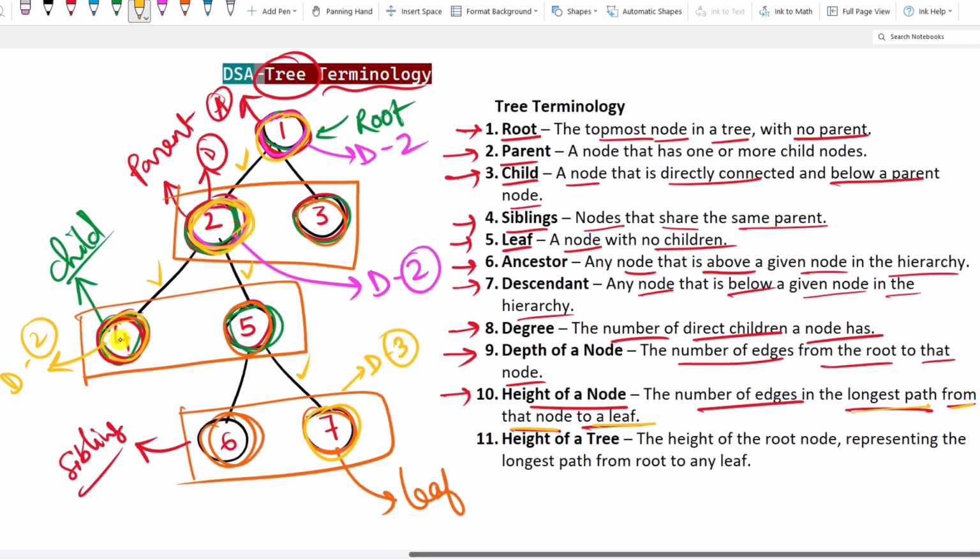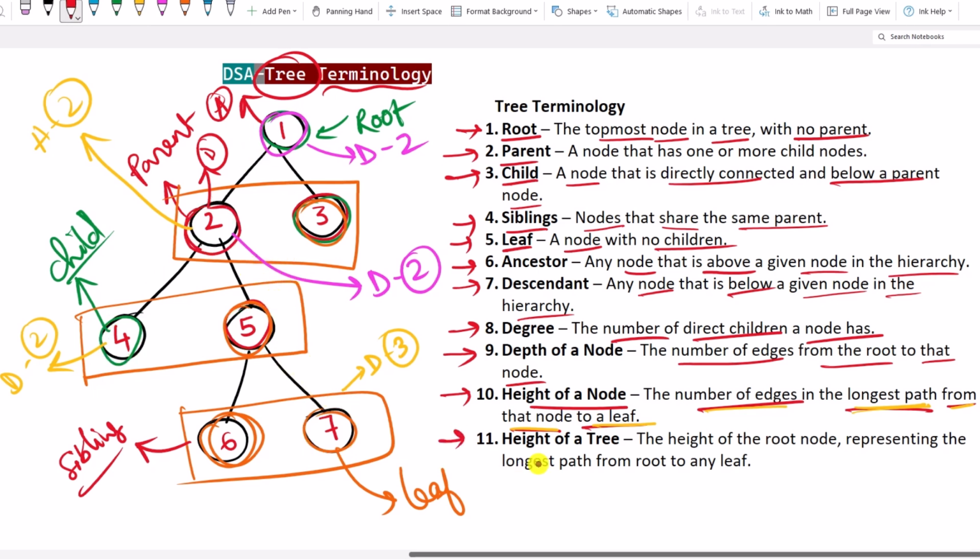So in these two paths, the longest one is from 2 to 7. So in this longest path, we have to count the number of edges. So here we have 2 edges. So that means the height of this node 2 will be 2 because the longest path has 2 edges.